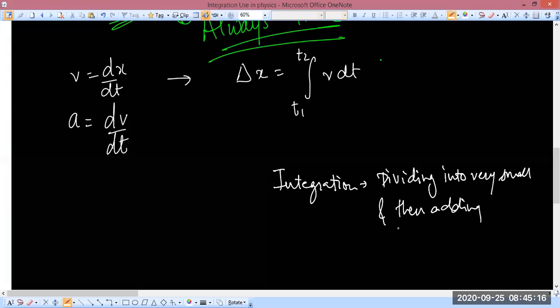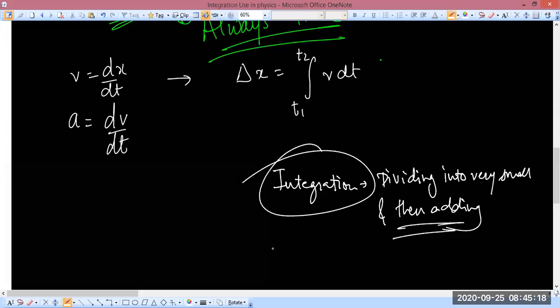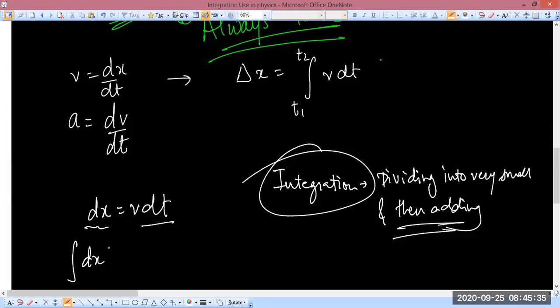When you add all that, that's called integration. So what we are doing is taking the small displacement dx, which is equal to v dt, and then we are integrating it. Yes, of course, Vedant, that's exactly what we have done.